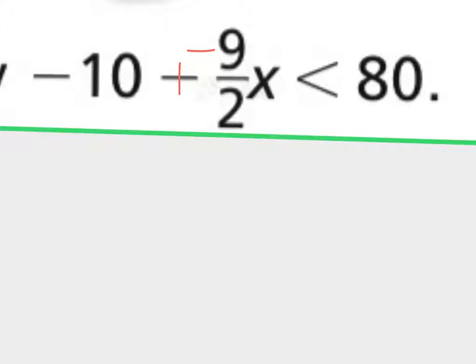And then this one we got to be careful about. Basically, at the beginning, that's actually like a negative 10. So we're trying to get the negative 9/2 x by itself. We need to get rid of the negative 10. So what's going to cancel with the negative 10? A positive 10. Good. Another way you could think about that is you could say, well, they're subtracting 10, I'm going to add 10. That's fine.